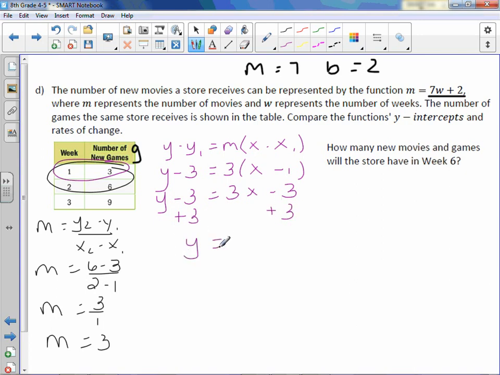Y equals 3x. Okay. Now we are talking about games and weeks, so I'm just going to change this to be games equals 3 times the number of weeks. So that's our function for games, which tells me that m equals 3 and b equals 0. So what does this all mean?